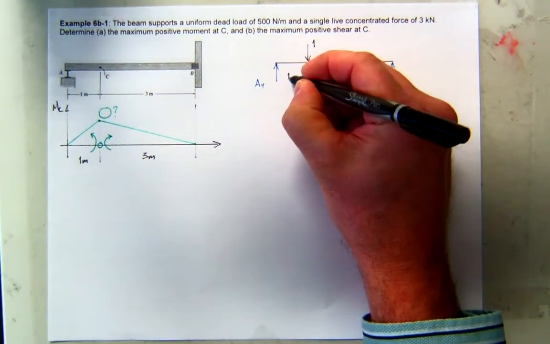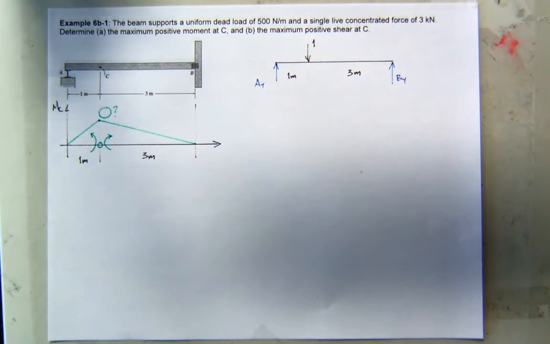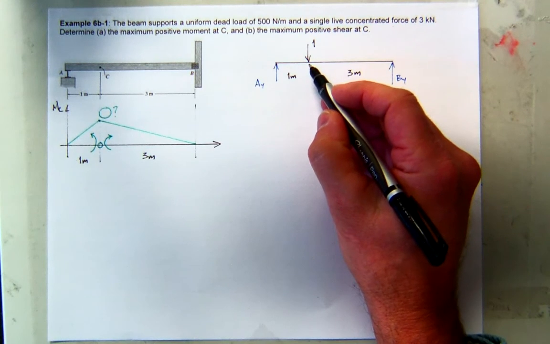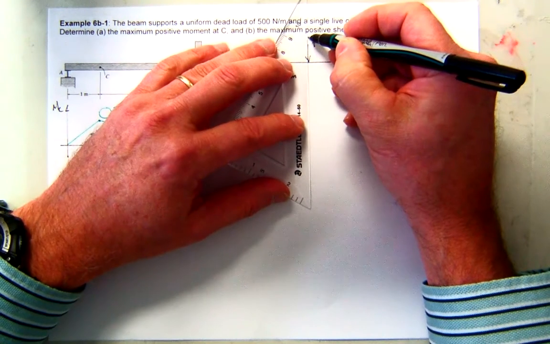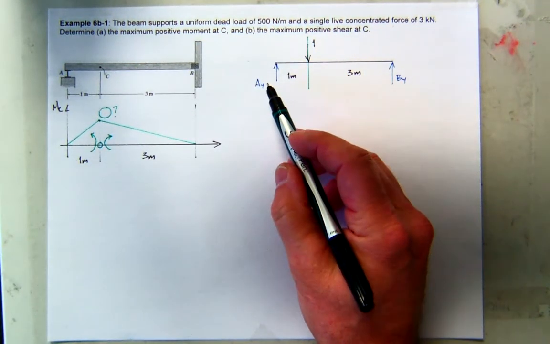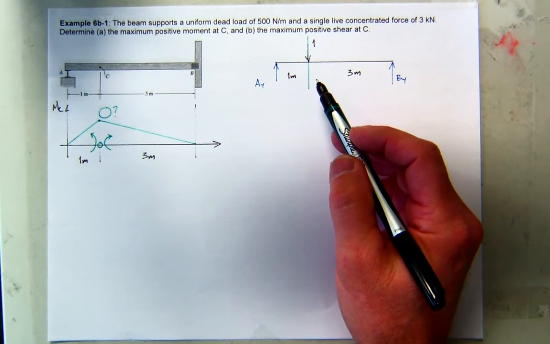And that would be at 1 meter and 3 meters. And my objective is to find the moment at C, which is right here. So you can imagine that we would probably end up eventually cutting the structure right there. And now you decide, do I want to work the left side or the right side to find the moment at C? You choose. Left.